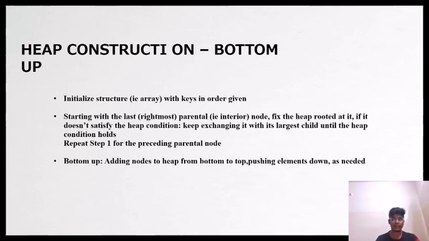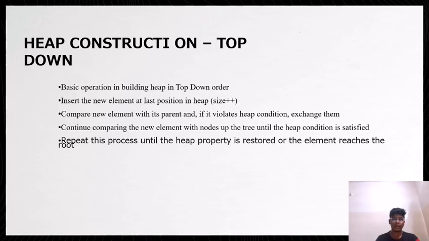If it doesn't satisfy the heap condition, keep exchanging it with its largest child until the heap condition holds. Now repeat the steps for the preceding parental node. Bottom up is a heap construction where it adds nodes to the heap from bottom to top, pushing elements down as needed.